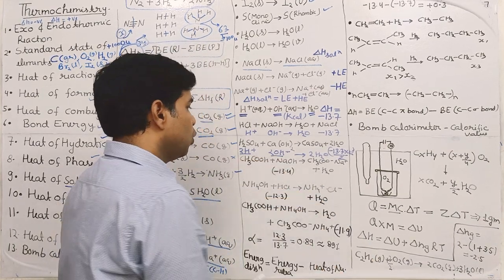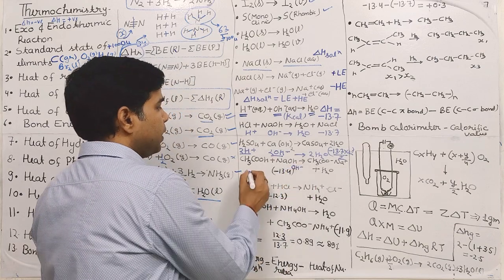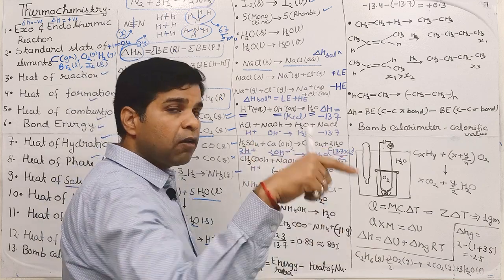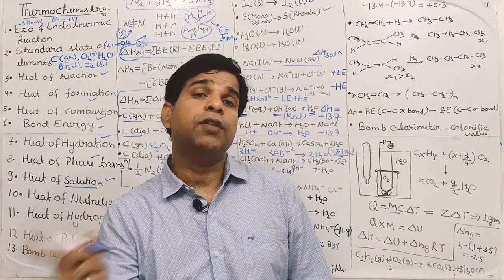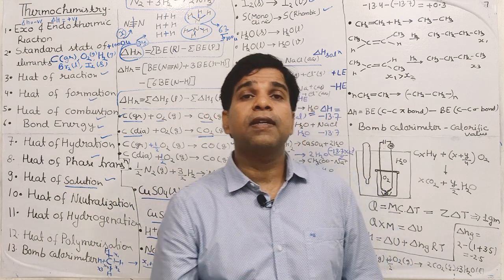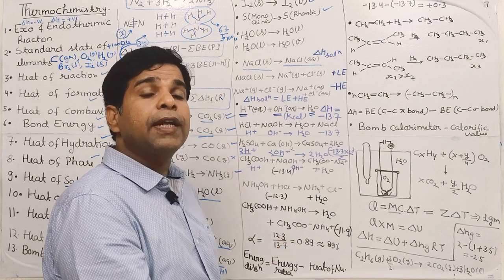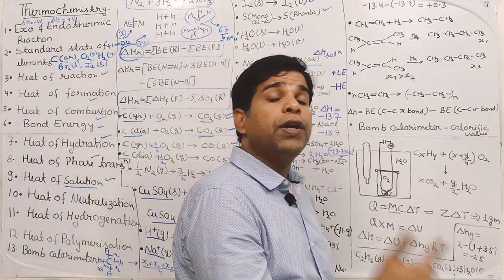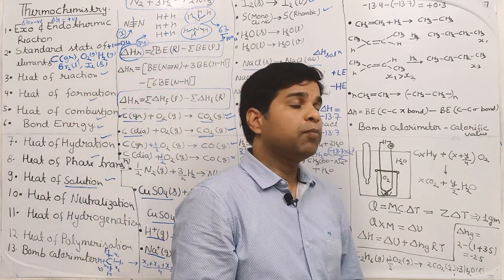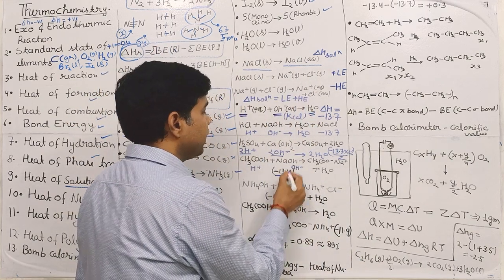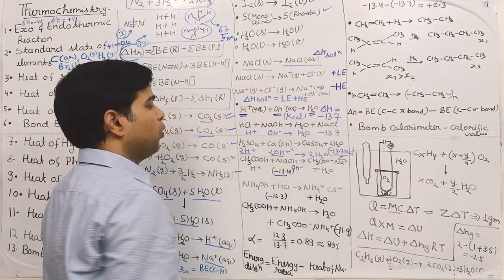So this time OH minus is 1 mole, and the concentration of H positive is always less than 1 mole. If 1 mole H positive and 1 mole OH minus react, they release the energy 13.6. But since the H positive is less, they cannot release the energy 13.6. They always release energy which is less than 13.6. This time energy release is minus 13.4, which is less than 13.7.